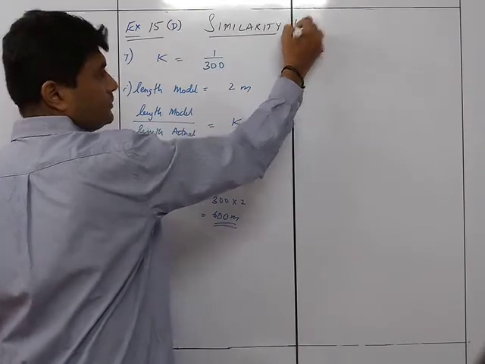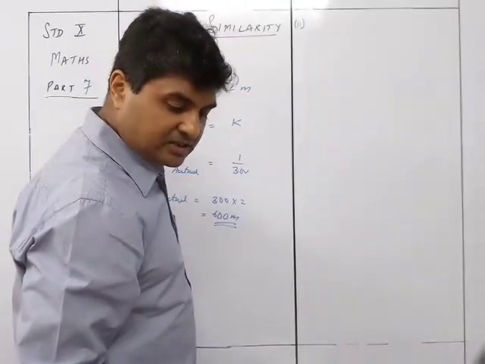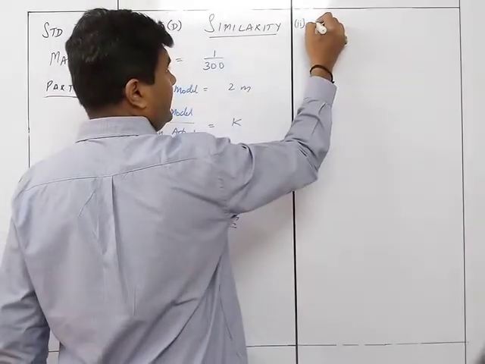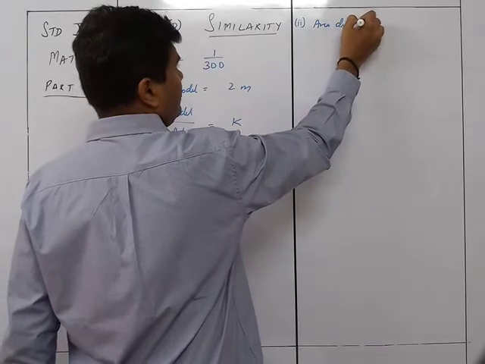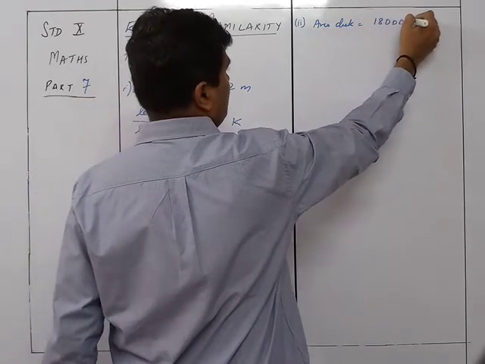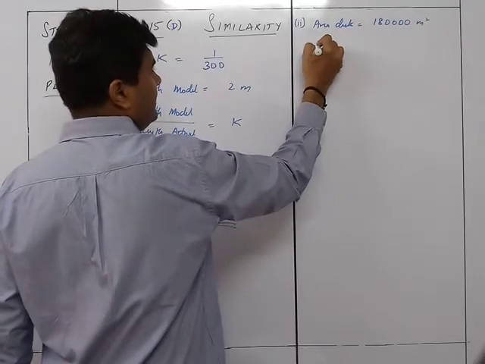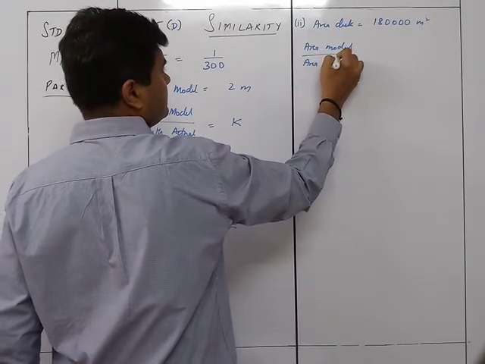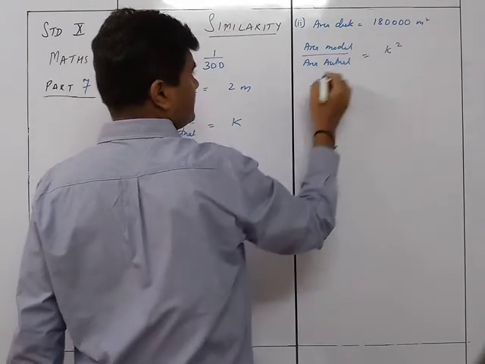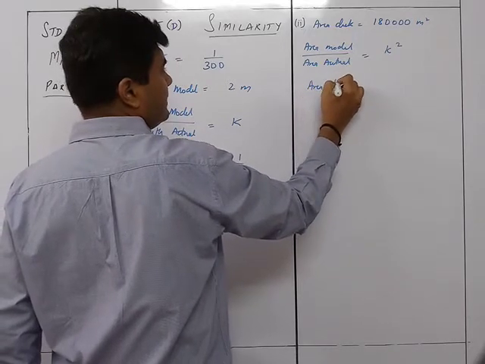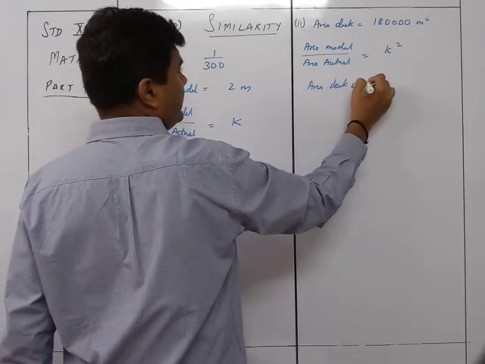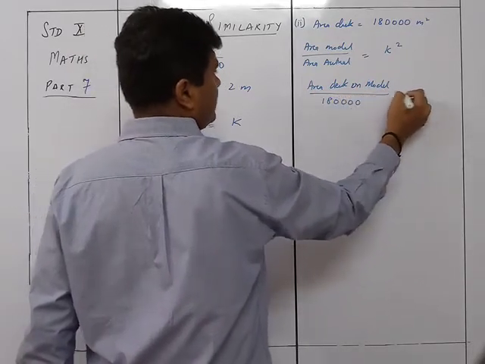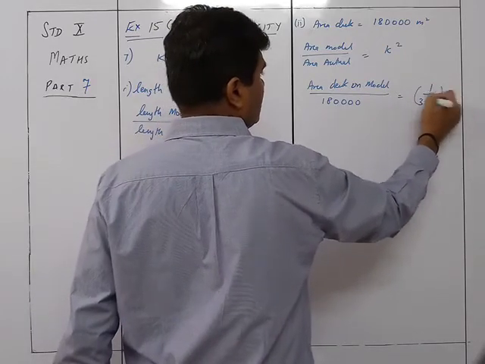Second part. The area of the deck of the ship is 1,80,000 meters square. So area of deck is equal to 1,80,000 meters square. So we know that area of model upon area of actual is equal to K square. So area of deck on model upon 1,80,000 is equal to 1 upon 300 the whole square.